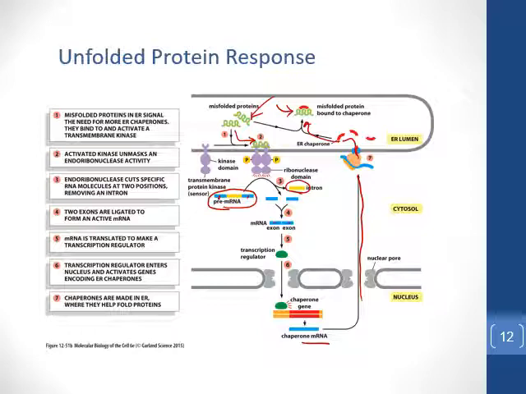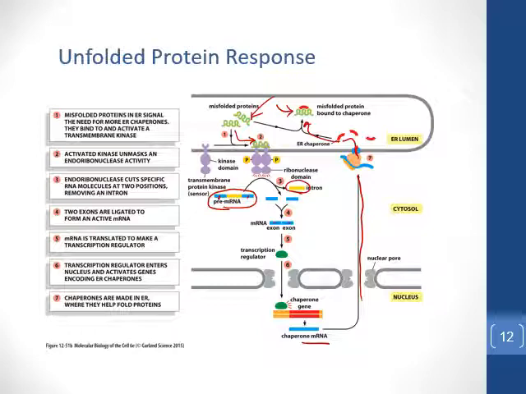So if you think about what's going on with this IRE1 pathway, essentially what you have here is another mechanism for creating chaperones. So IRE1 and ATF6 are both devoted to increasing the number of chaperones that function in the ER to help with the protein folding process. Now they go about it in different ways, as we've seen.